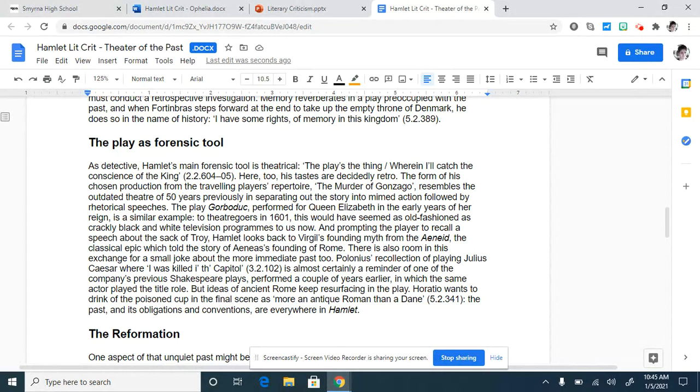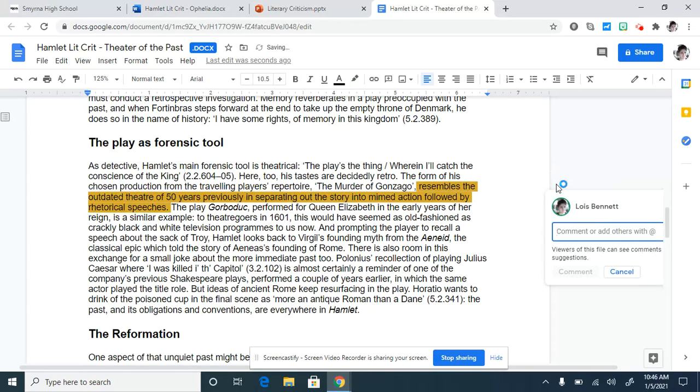The second one, the play as a forensic tool, makes some strong points. If you're not familiar with the term forensic, you would want to look that up. This casts Hamlet in the role of a detective, but what I think is the stronger point in this section is that it says it resembles an outdated type of play.